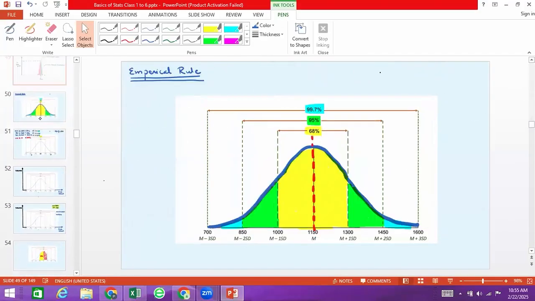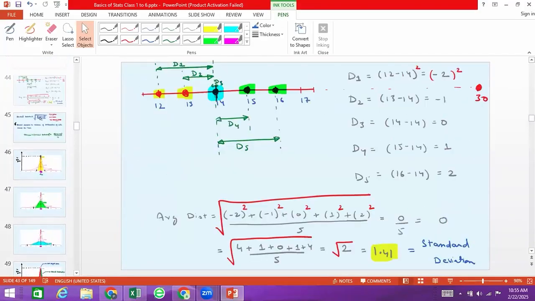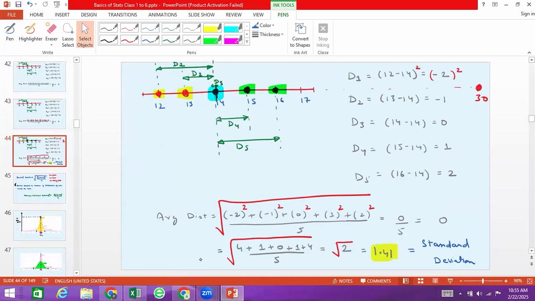This was n, right? What was this, 5? The number of data points: 1, 2, 3, 4, 5. 5 data points are there, and that's why the value of n was 5.